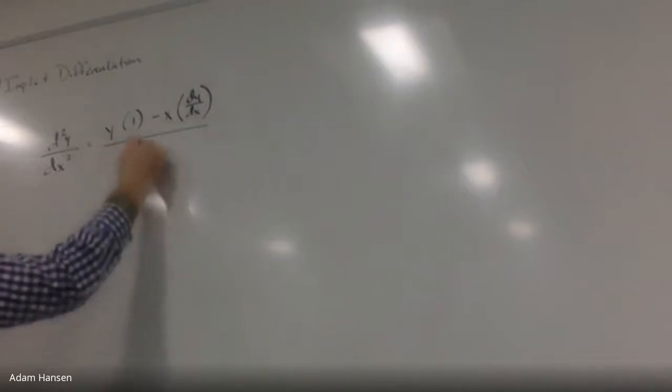How do I take the derivative of x divided by y? Quotient rule, right? I can't just do derivative of top and derivative of bottom. I have to do quotient rule. So low d high minus high d low all over low squared. So low would be y times d high, which would be derivative of x, or just 1, minus high, which is x, times d low, which is dy/dx, all over low squared, so y squared.